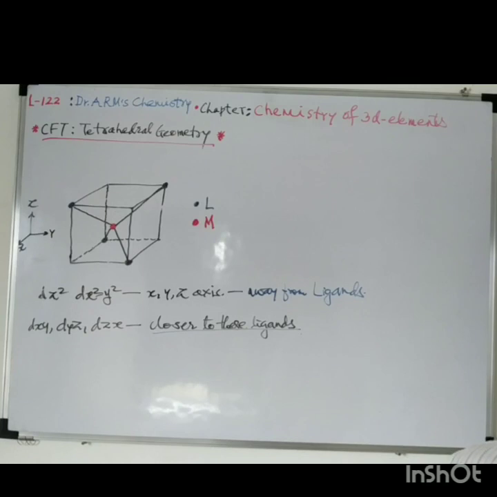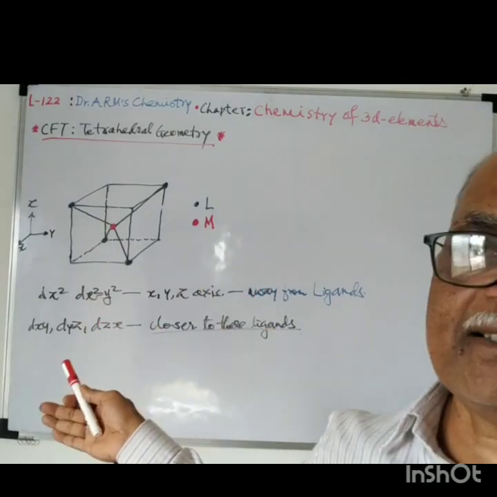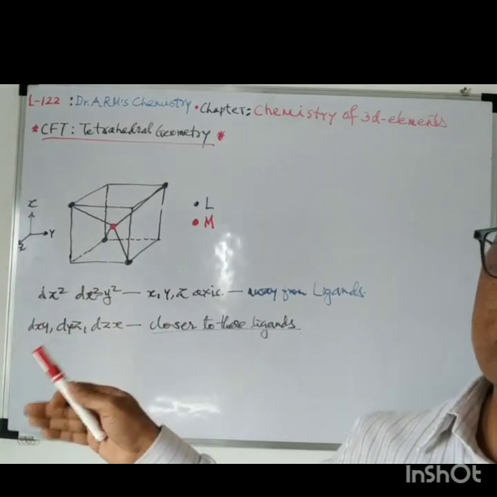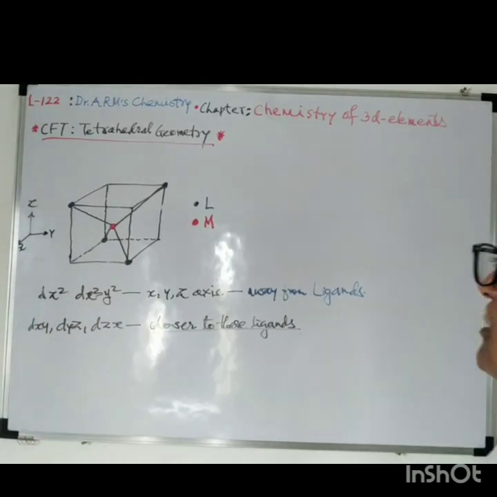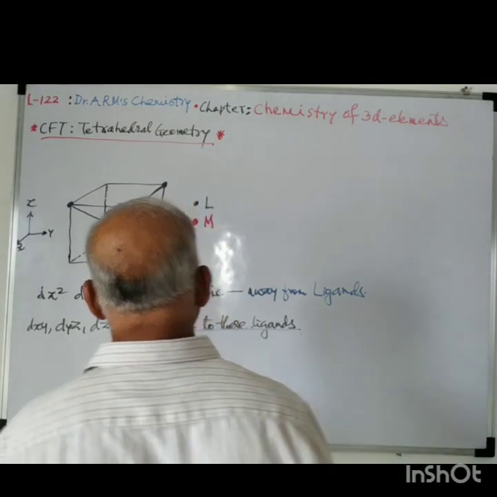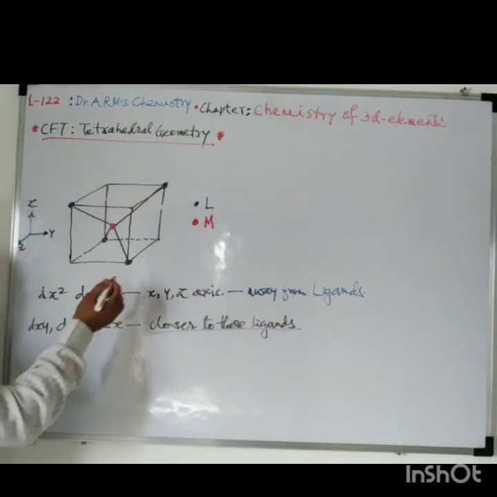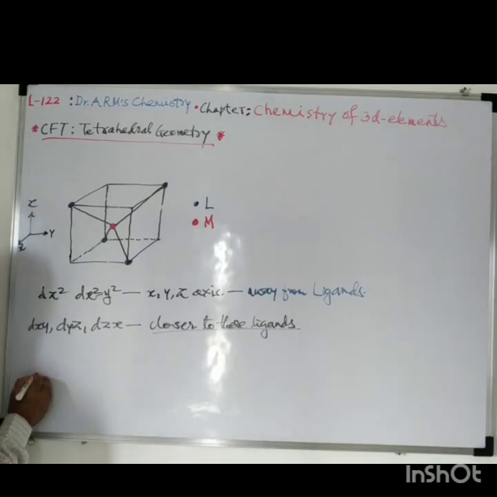These orbitals are lying closer to the ligands, or the ligands are pointing toward the metal ion closer to the direction of the orbitals. Therefore, the splitting of these orbitals is in a different way.